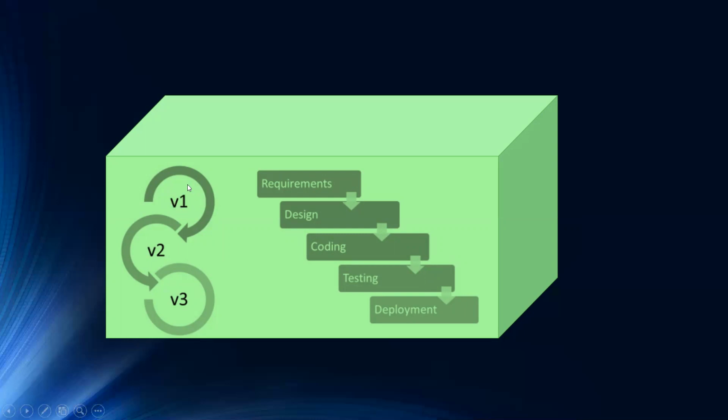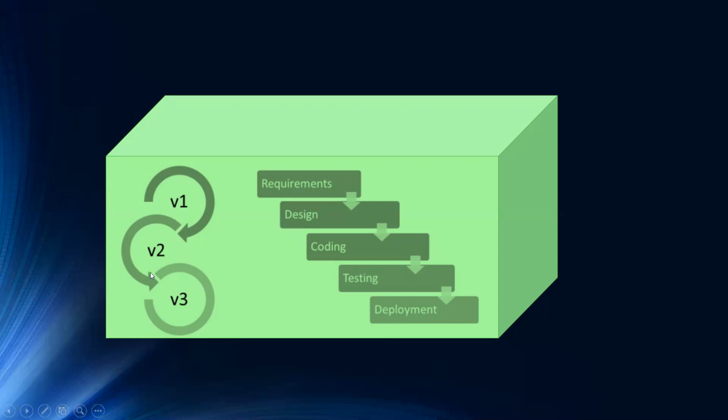For example, if you see version 1, version 2, and version 3, in this iterative approach we have not only released version 1 and started working on version 2; as soon as we got a bug or something from our client, we revisit it and improve it.